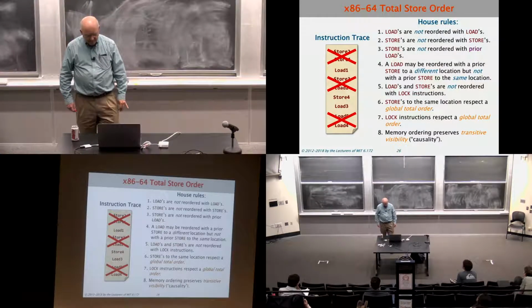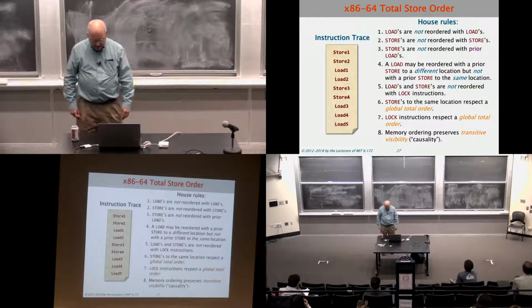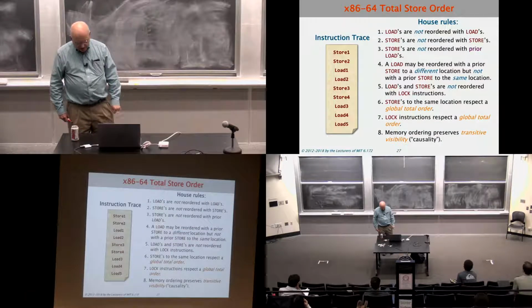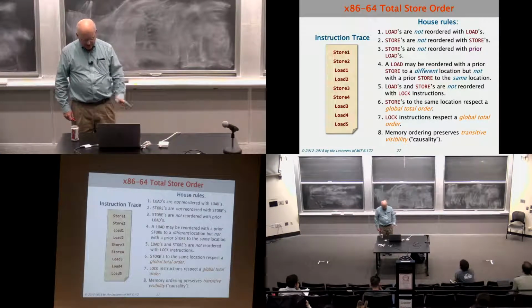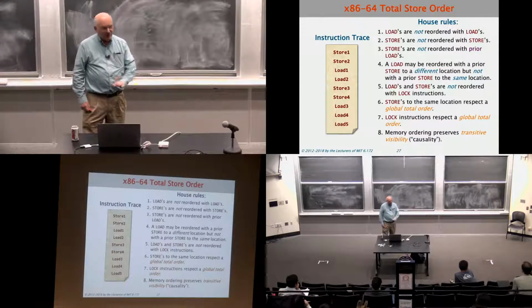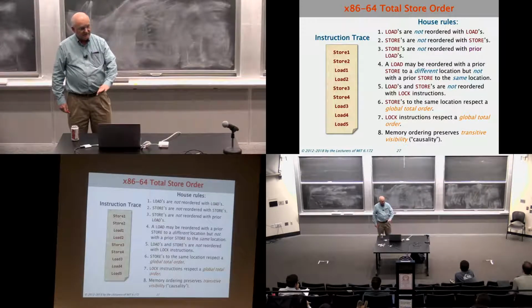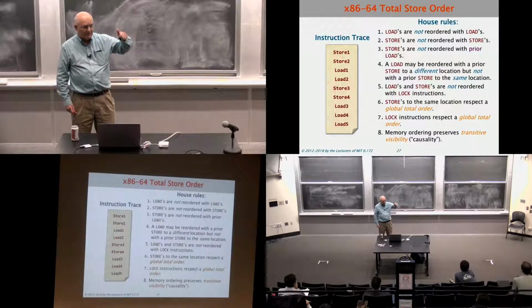And then in general, a load may be reordered with a prior store to a different location, but not with a prior load to the same location. This is what we were just talking about: A has to be not equal to B in order for it to be reordered.